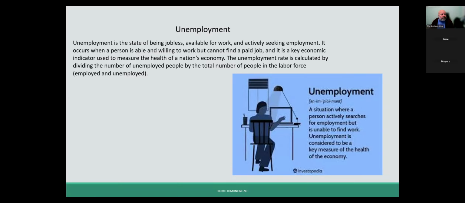So the rate is calculated by the number of unemployed people divided by the number of total people in the labor force who are employed or unemployed. And when they do this, they only consider people who are of working age or who are seeking employment. So your 84-year-old grandfather is not considered in this unemployment rate because he's not working, nor is he probably seeking work.